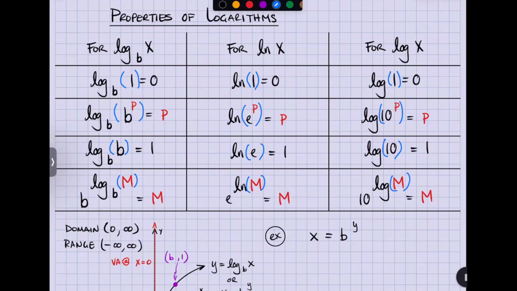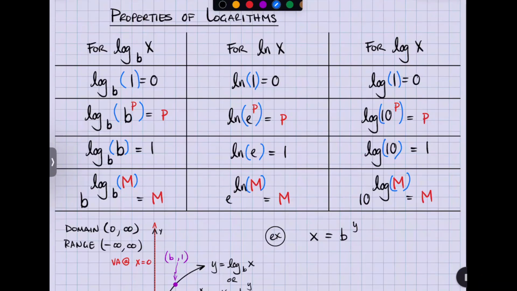So when I ask you a question, you say log. I'm like, great. Of what? E. Okay. Raised to what power? All right. So you'll always hear those things.